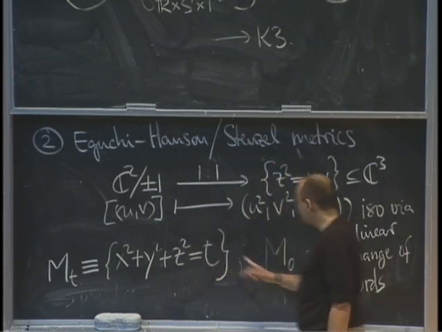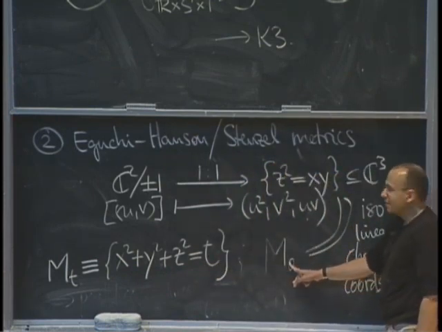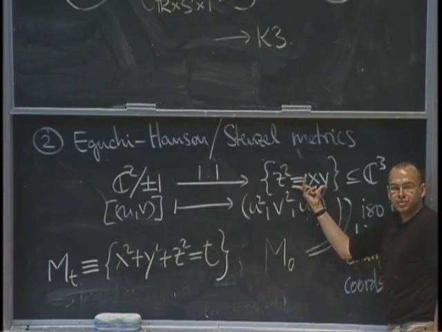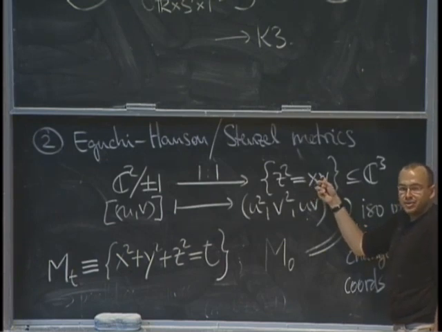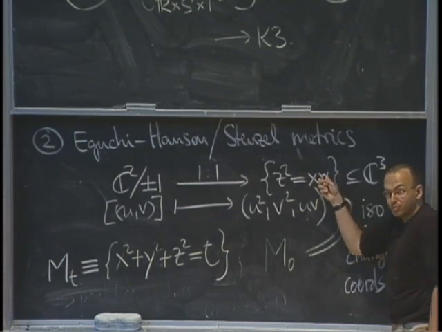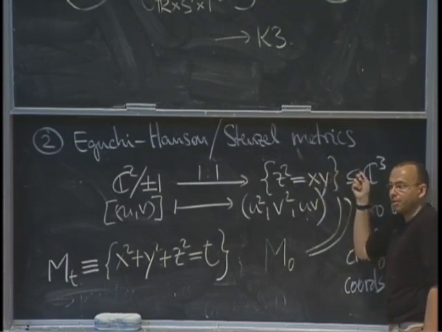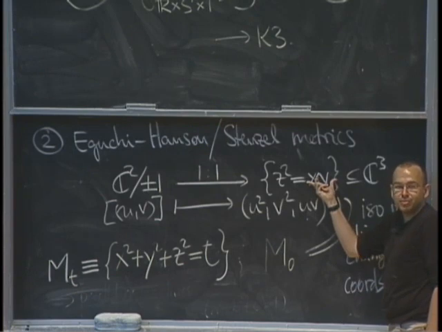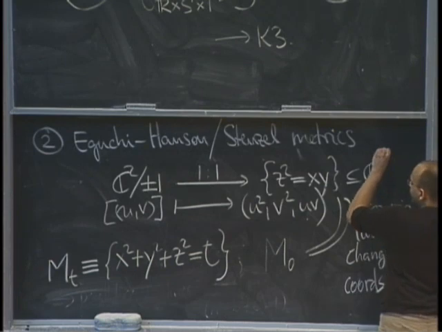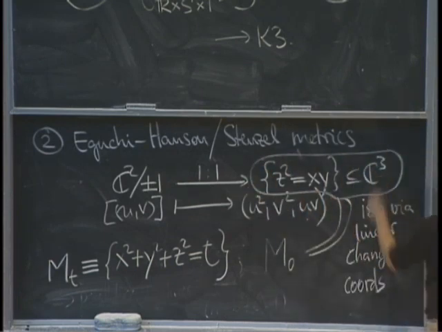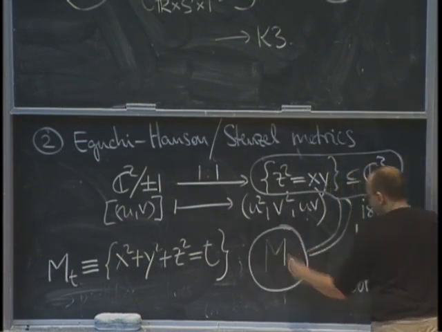If you set t equal to 0, you get M naught, and I'm saying that M naught is actually isomorphic to this guy. It's pretty easy to see because you have x times y here. You just replace the x by an x plus iy, and you replace the y by an x minus iy, then this is just going to become x squared plus y squared. So it's just a linear change of coordinates. So this is M naught, just a different way of writing M naught.